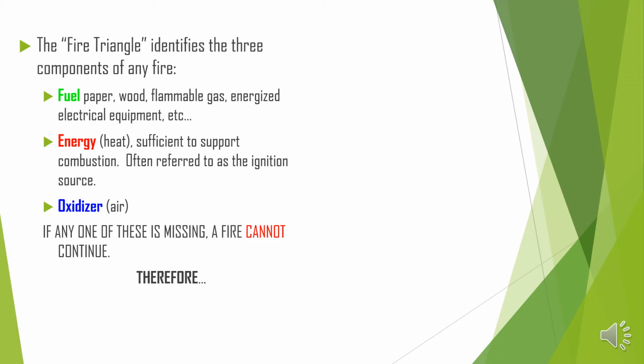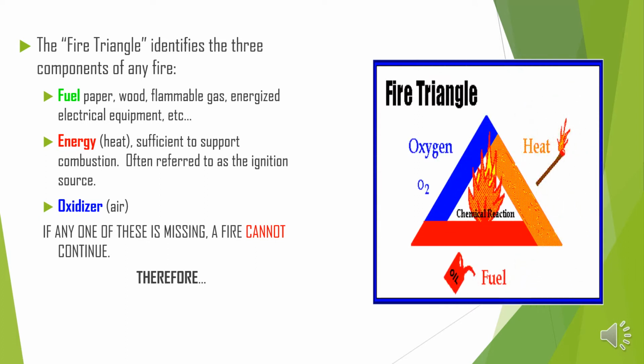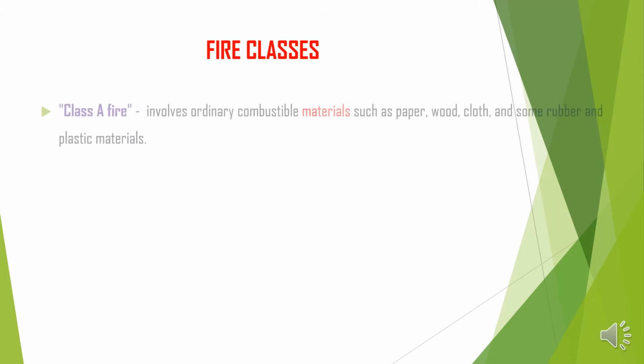And number 3, an oxidizer, the oxygen that can increase the fire itself. If any one of those 3 is missing, the fire cannot continue. It will be self-limited and will stop by itself. So this is what we need for a fire to become established, and by fighting the 3 corners, we can stop any fire.